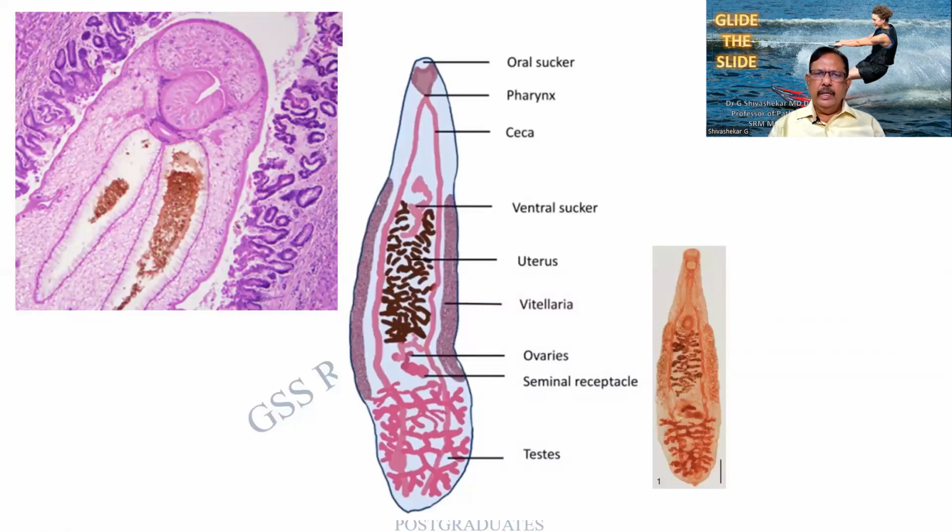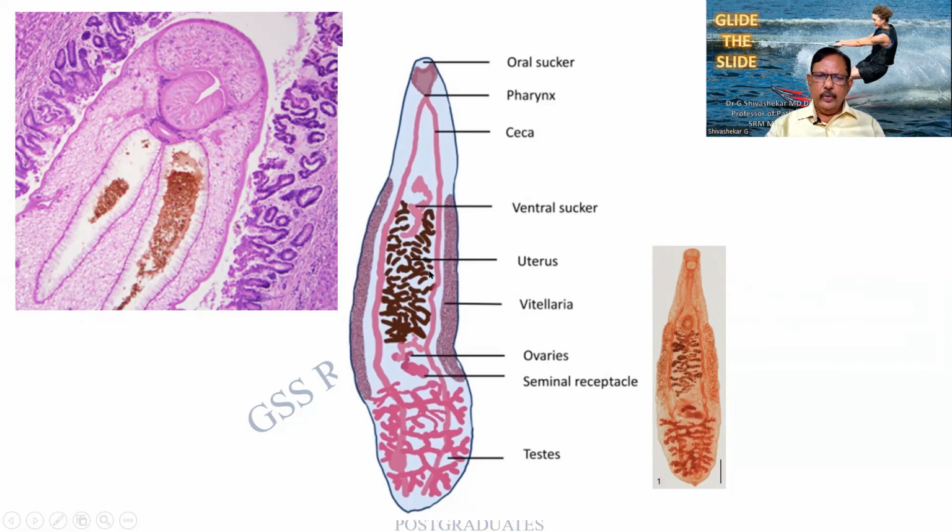Coming back to our earlier friend, this was what was seen. And this is called a sucker. This can help in the ingestion and the absorption of nutrition. Like you and me, it has a pharynx, it has a ceca. There can be the ventral sucker also.